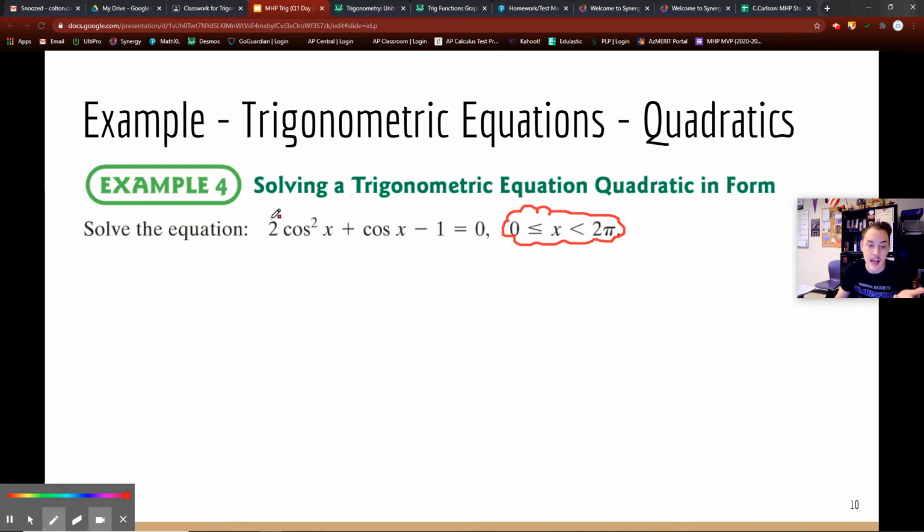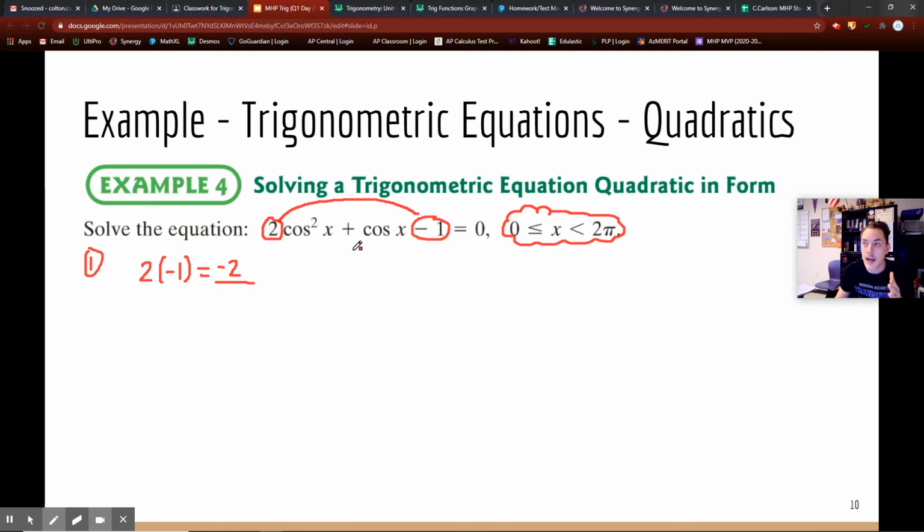Now, remember, I look at my first coefficient of the leading term and then this one, and then I multiply them. So 2 times negative 1 equals negative 2. Now, what factors of negative 2 somehow, some way add up? This is my first step. Somehow, some way add up to positive 1. Well, I have a 2 and a negative 1, right?